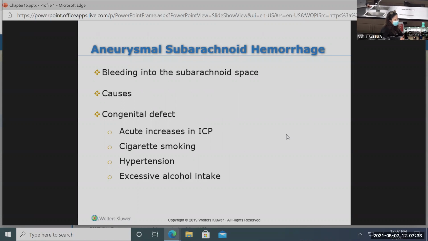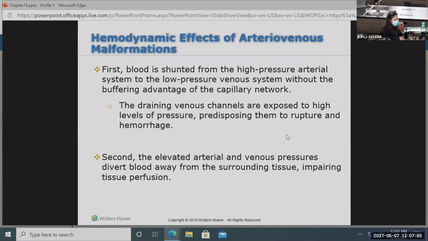Causes, most common is congenital defect. Others are acute intracranial pressure, history of smoking, hypertension, excessive alcohol intake. Another condition is arteriovenous malformation, a defect in the malformation of the arteries and veins.